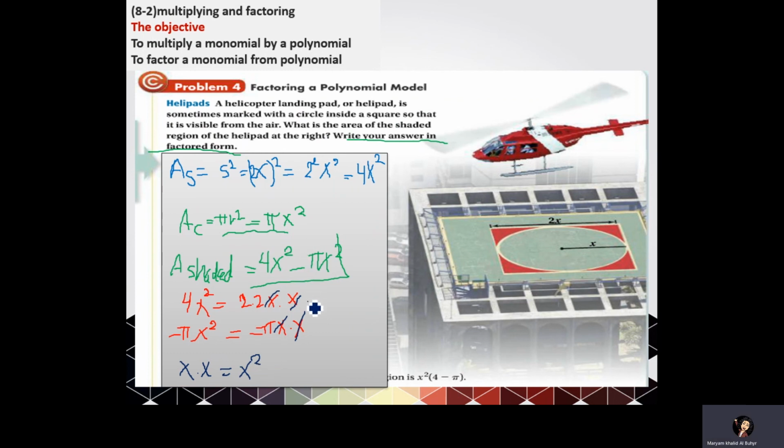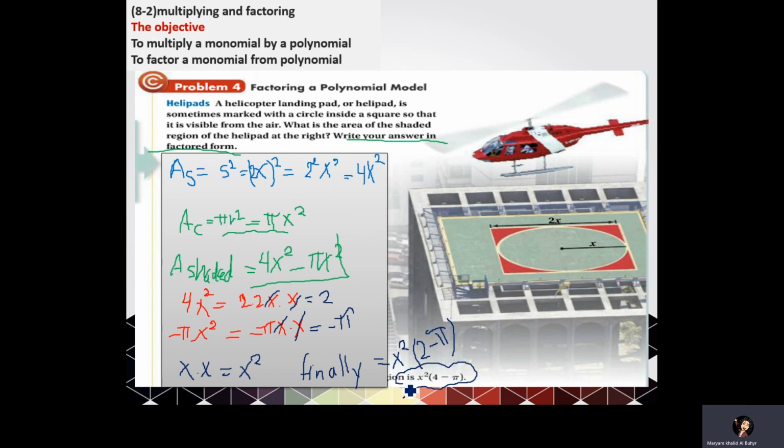What is the remaining from here? 2. What is the remaining from here? Negative pi. So finally, the area of the shaded part in factored form is the greatest common factor, x squared, times the parentheses 2 minus pi. That's the answer.